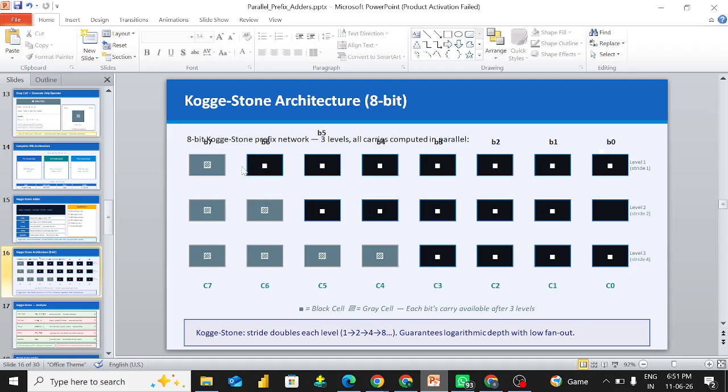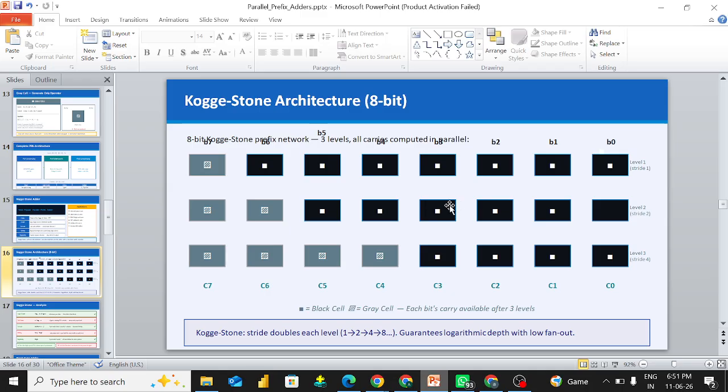Just consider it as 4 boxes. Here you have 8, right? If you combine these using a black cell, then if you have 8 bits, you are going to get 4 bits here.